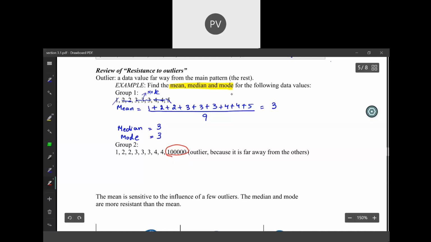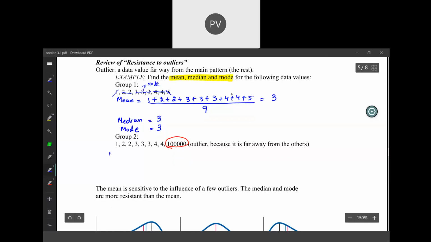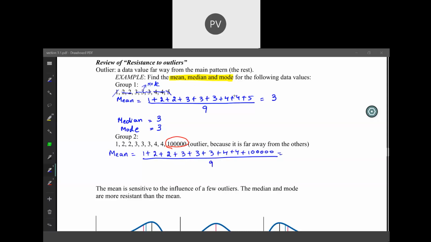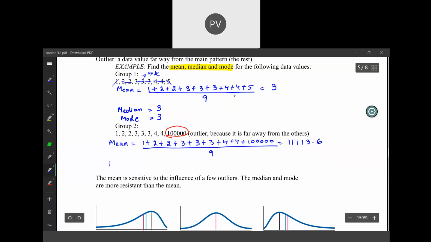Now let's compute the mean for this. It will be 1 plus 2 plus 2 plus 3 plus 3 plus 4, and so on, divided by 9. Now the median.